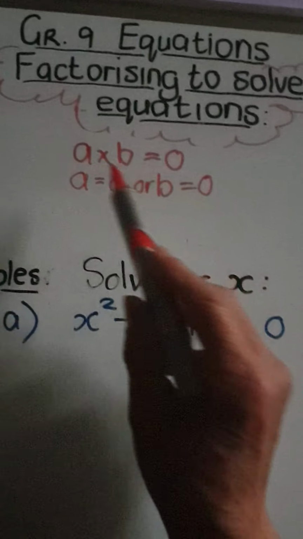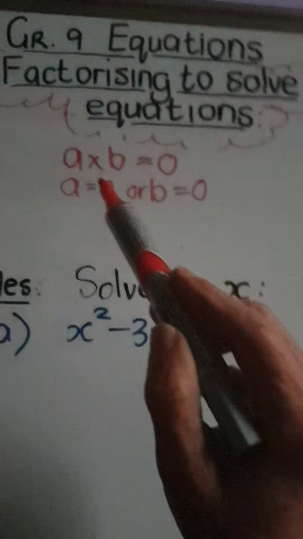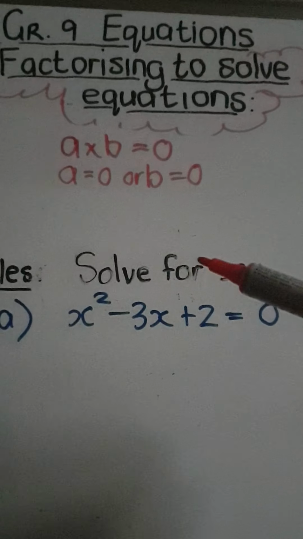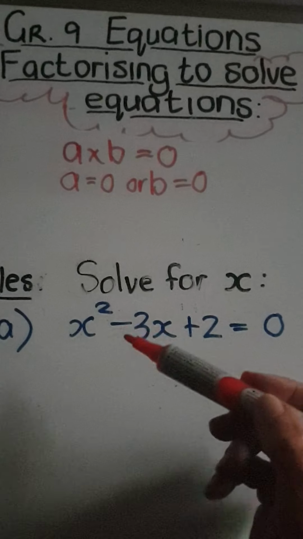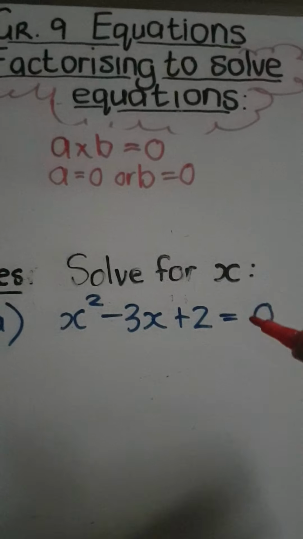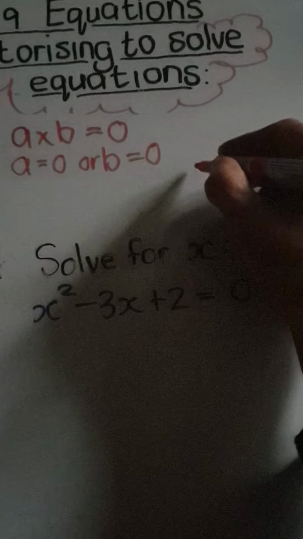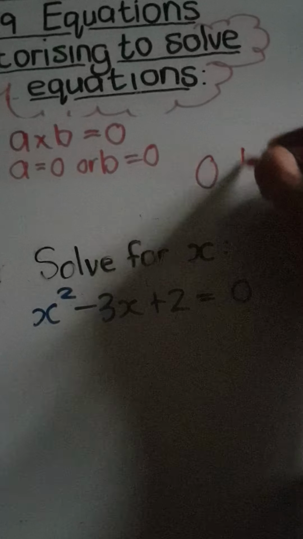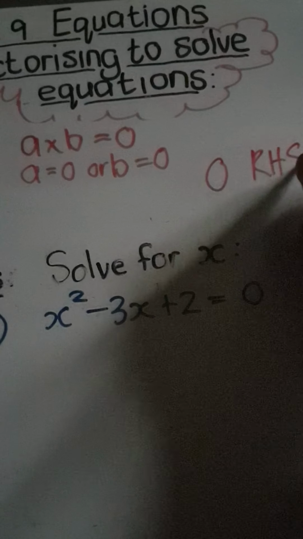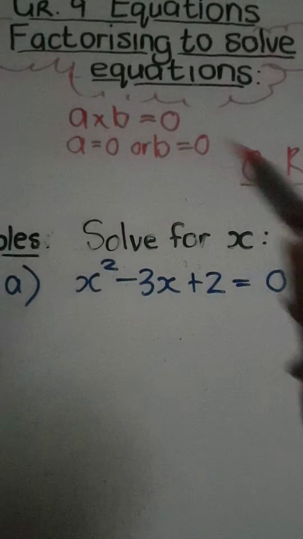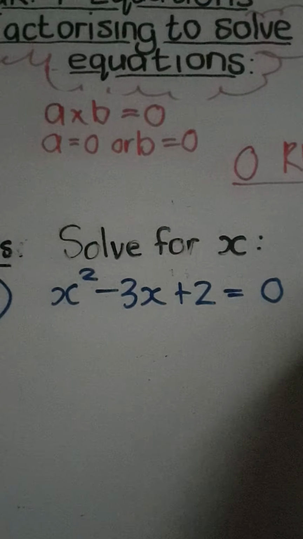We use this fact when we have an expression that has more than one term on one side: we factorize it and write it as a product of factors equal to 0. What is important? You always want 0 on the right hand side, because then it is very easy to solve. So let's look at examples.